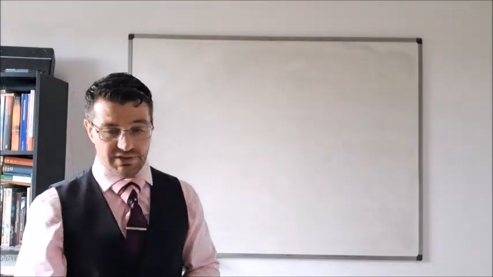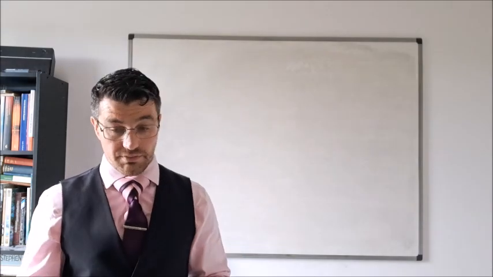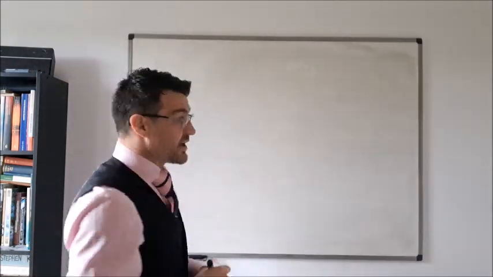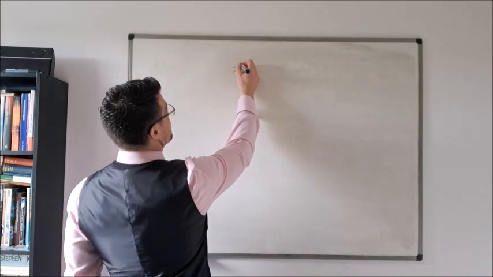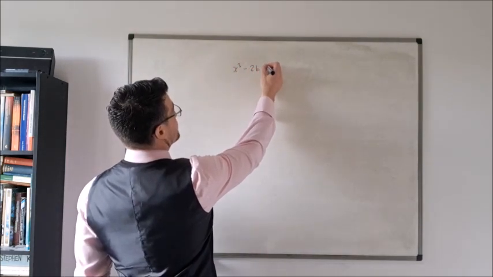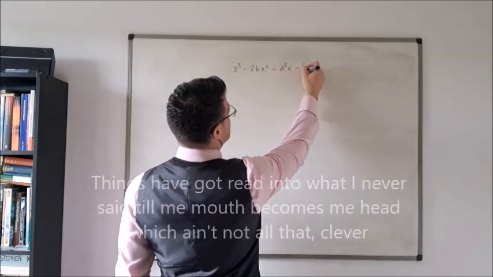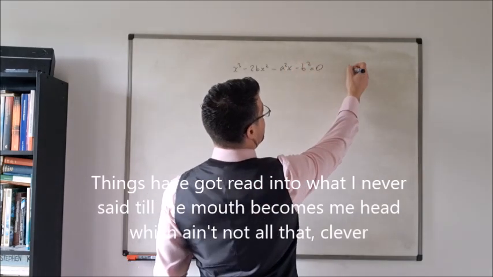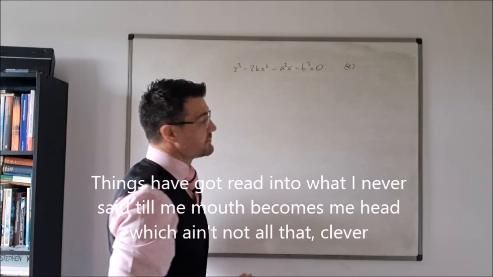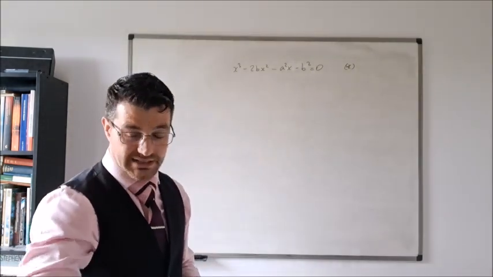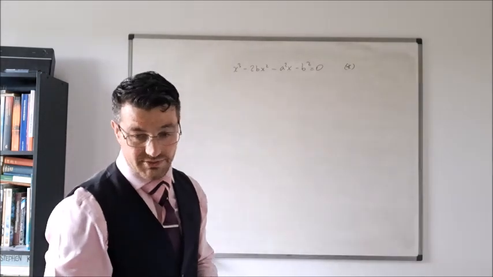So the information that we're given is that let a and b be real numbers, and that's going to be important. Consider the cubic equation x cubed minus 2bx squared, I think it's minus a squared x minus b squared equals 0, and this is called star. Okay, I'll just check that. So I've got my computer here, so if I keep looking down beneath the camera, that's because that's where the question is.